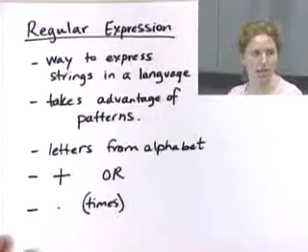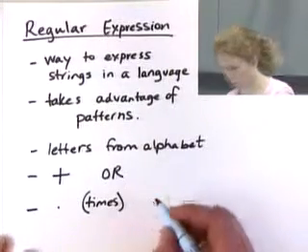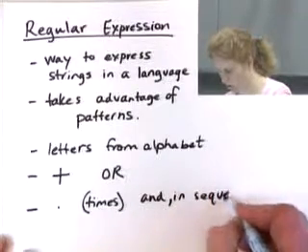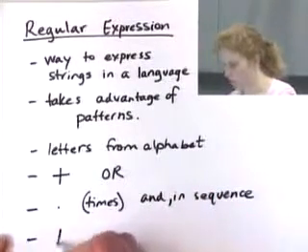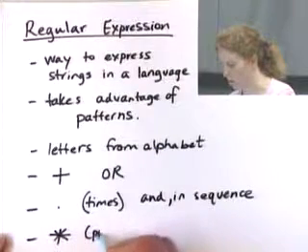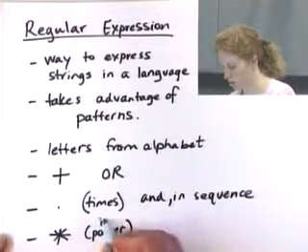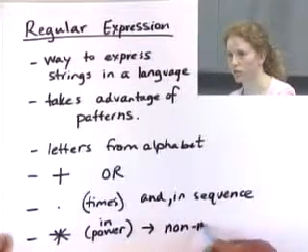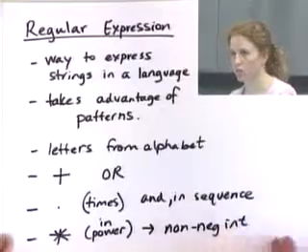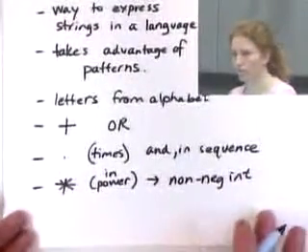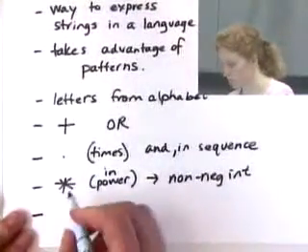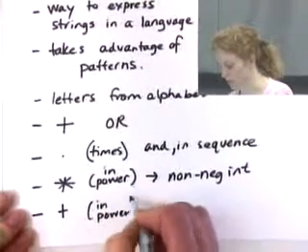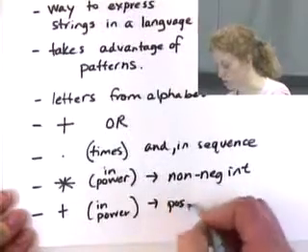So it's like an and, they have to be in the correct sequence. And then we know about the power. This is any non-negative integer. And a plus in the power is a positive integer.